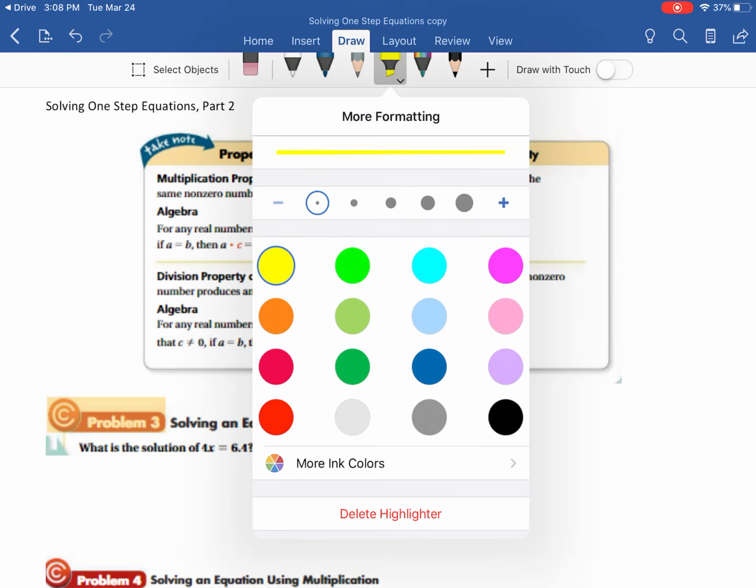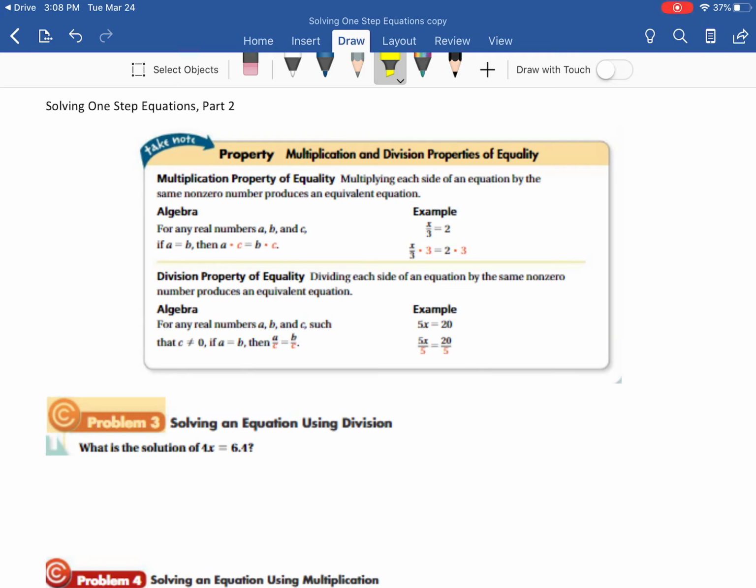So the multiplication property is very similar to the addition and subtraction, except I'm multiplying. If I multiply both sides of the equation by some number, then I'm going to get an equivalent equation. It's going to look different, but they're going to ultimately mean the same thing.